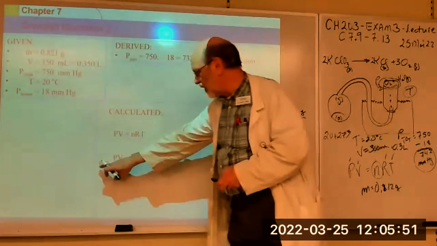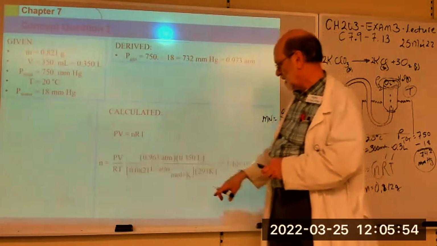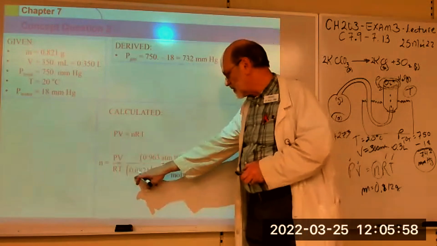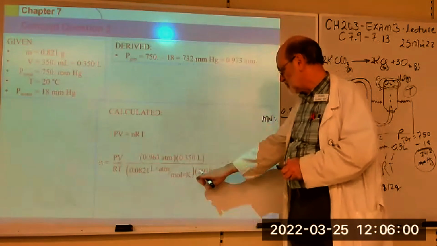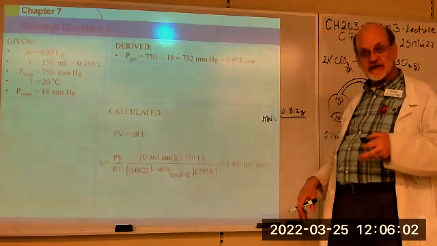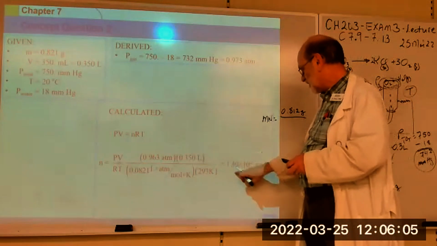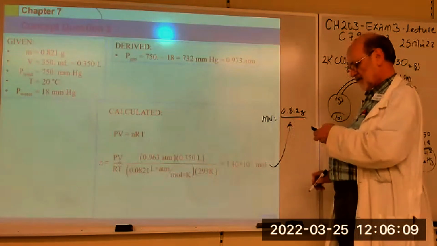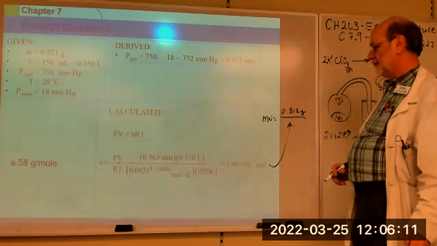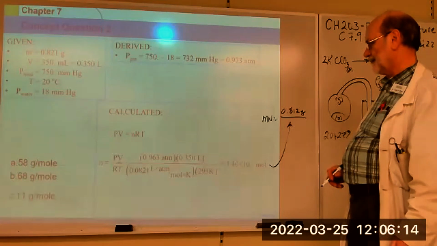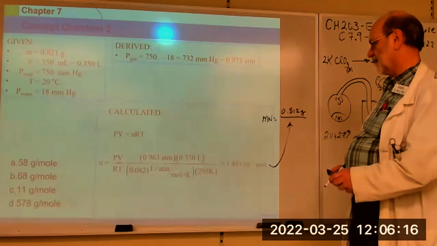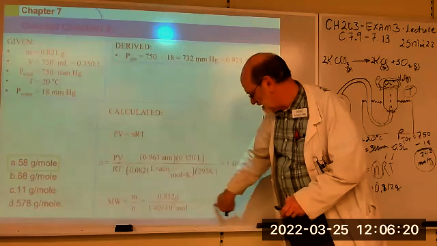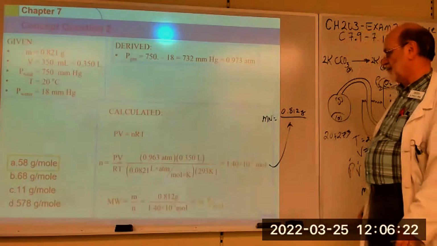So we're going to solve for moles. There's your atmospheres, there's your volume, there's your gas constant, there's your temperature. 20 plus 273 is 293. And this is the number of moles. Put the number of moles in here. There it is. And you get 58 grams per mole.